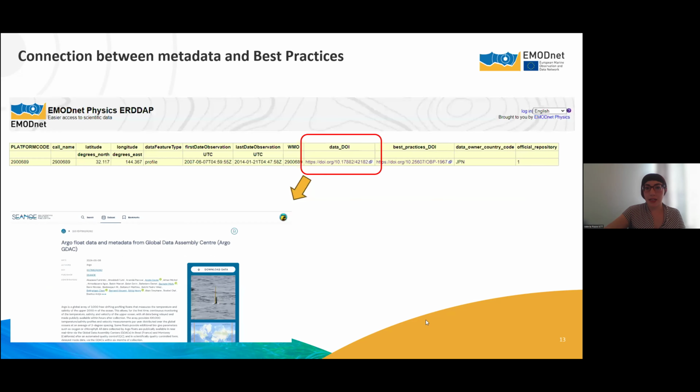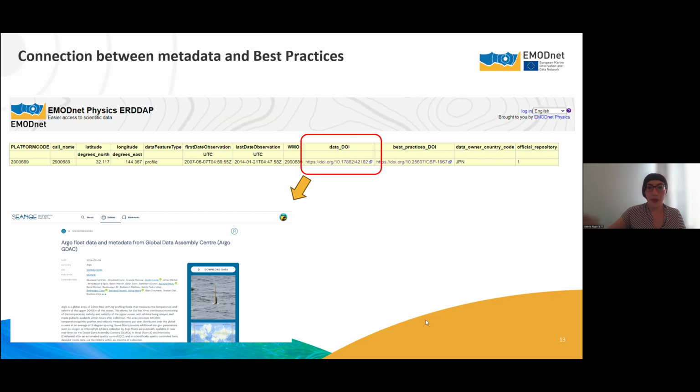But what has been included lately, and the thing that we are stressing the most when we participate in workshops and also in other European-based projects, is the link between metadata and best practices. Because the metadata, as we know, express the type of info that we have in the dataset.